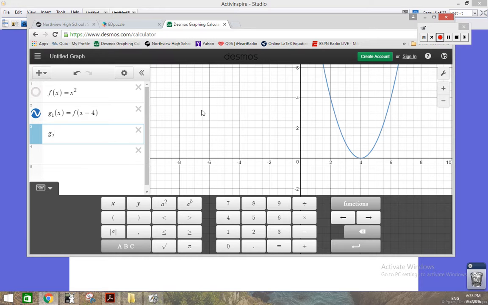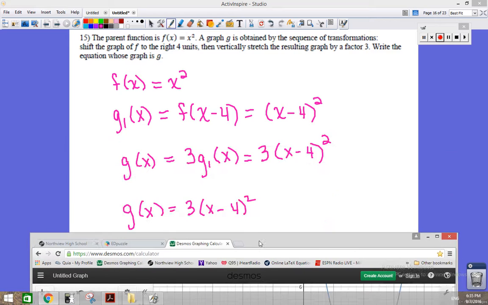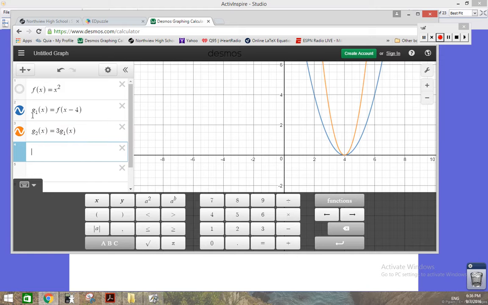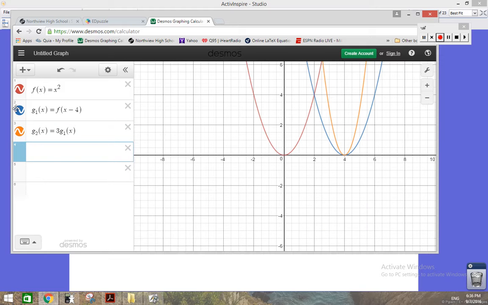So this next sequence was to vertically stretch it by a factor of 3. So 3 times that previous graph like that. All right, so let's see if this final graph really fits the description.